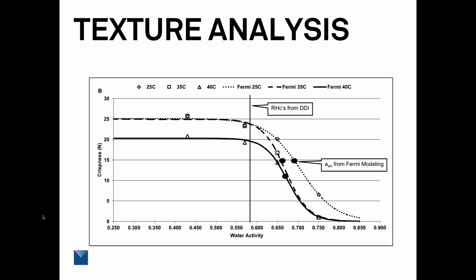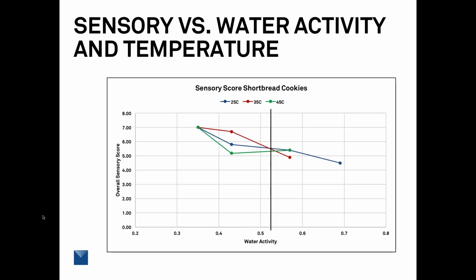What we were able to find out, though, was that the point where the loss of texture properties starts to happen is right at the critical water activity from the DDI curve. So using a very simplified approach of running a DDI isotherm, we were able to identify, without even having to do a full-on texture study, exactly the point where the texture started to be lost in terms of crispness for these cookies, and that would be an indication of where shelf life is starting to end.